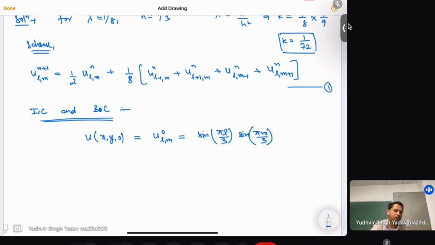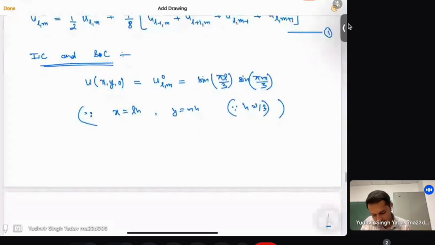Since x is LH and y is MH, and h is 1 by 3, we get the initial condition as sine pi l by 3 multiplied by sine pi m by 3.